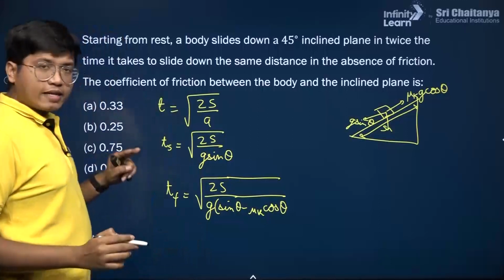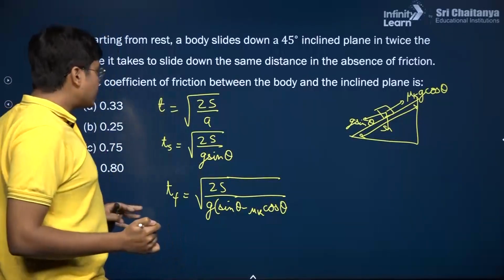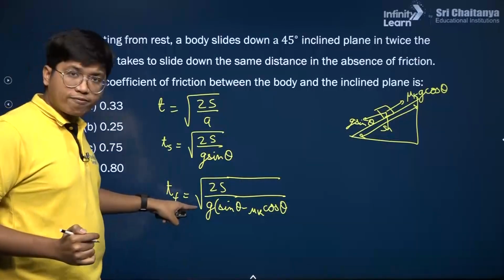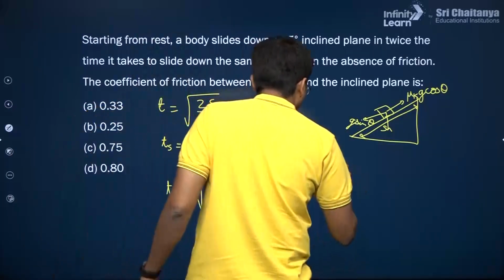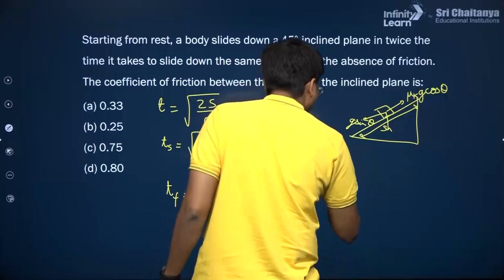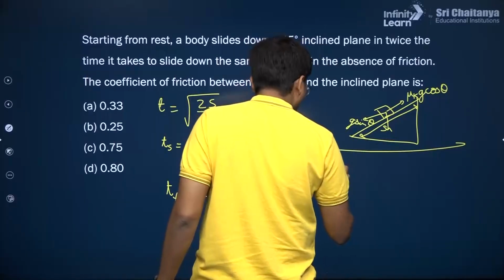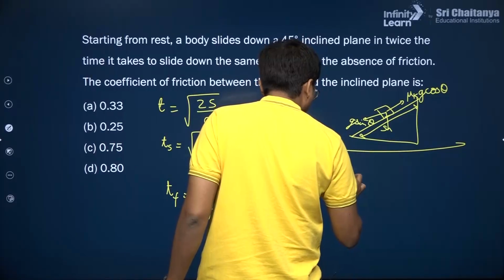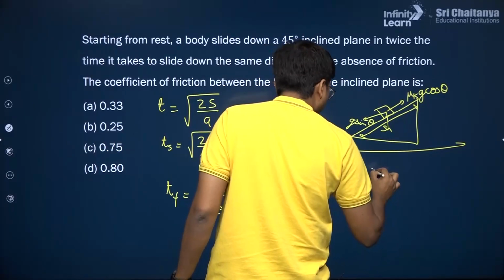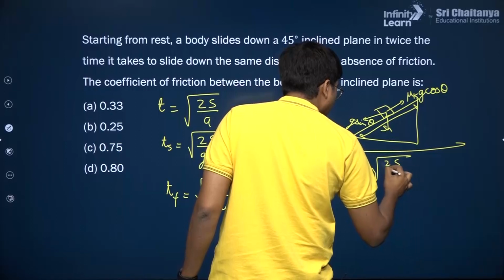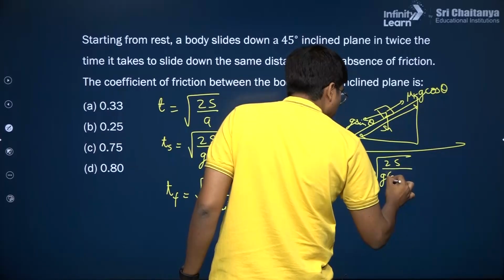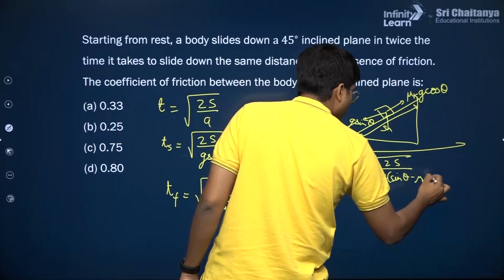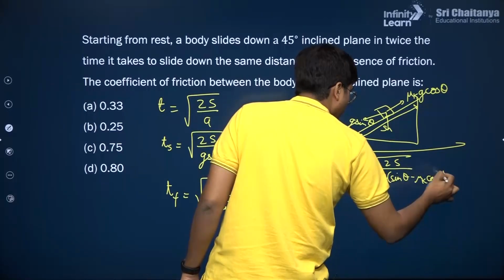So you have Ts and Tf, and the question says that this Ts is 2 times of Tf. So 2 into, let's do it here, 2 into root over of 2s by g sine theta is equal to root over of 2s by g sine theta minus mu k cos theta, right?